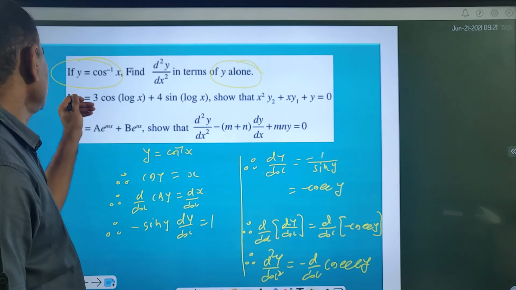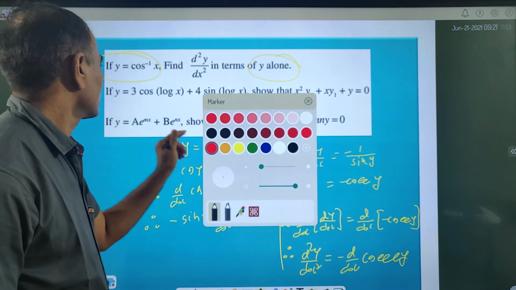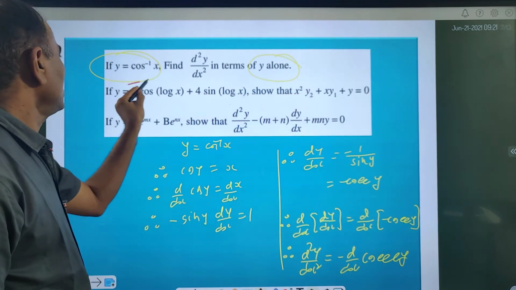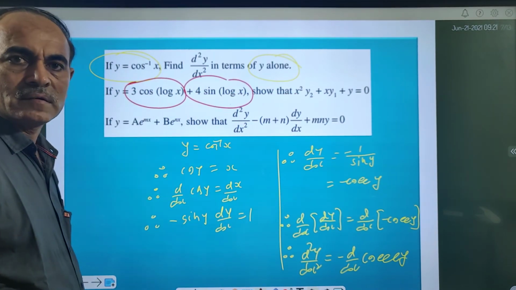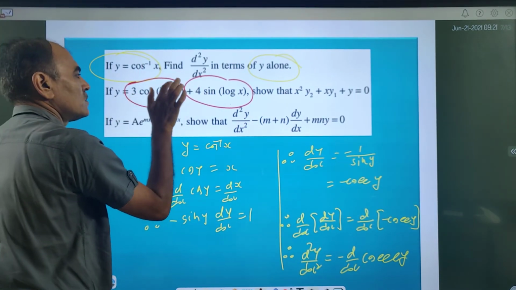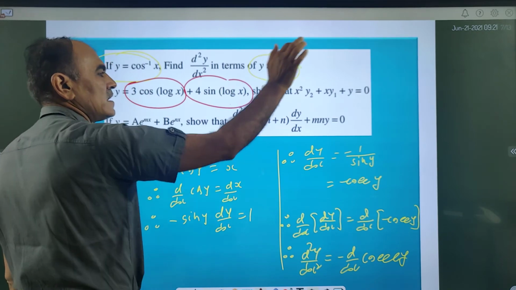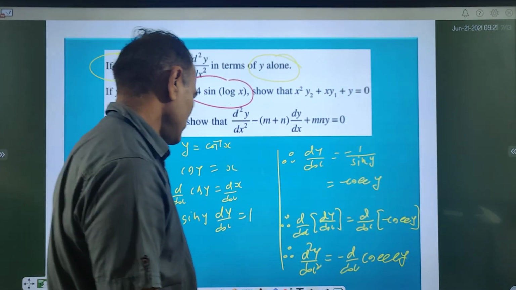Here they are writing a is equal to 3 cos log x, 4 sin log x. I am going to solve it in general. Y is equal to a cos log x plus b sin log x. Same result is there. So let us see that one.